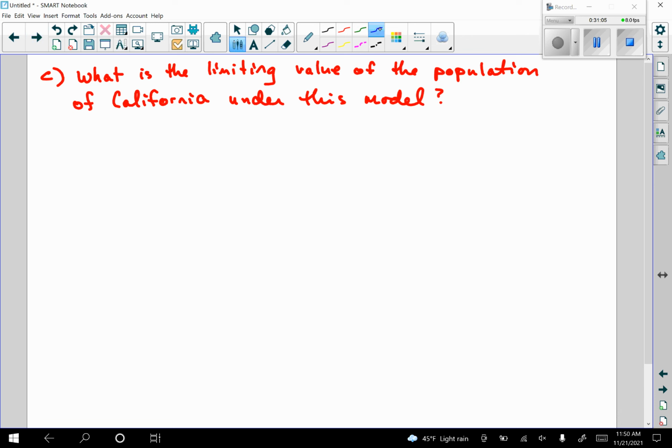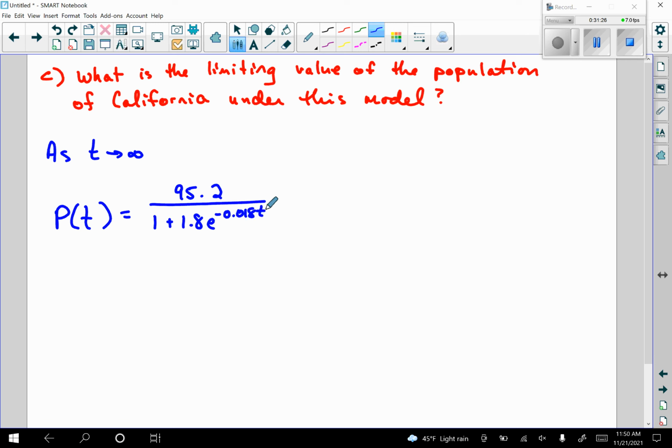So a limiting value just tells us what happens as t keeps increasing without bound. So if we take a look at this model, if t keeps growing without bound, that means this exponent is going to become a very large negative number.